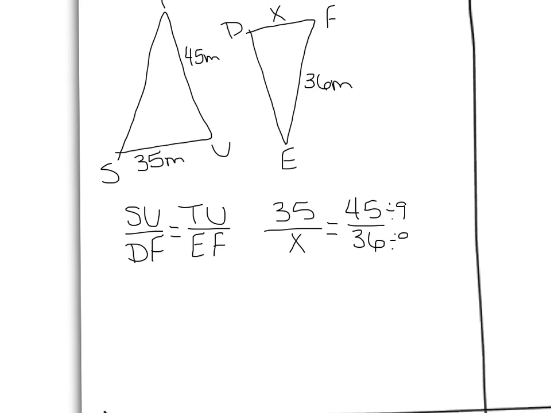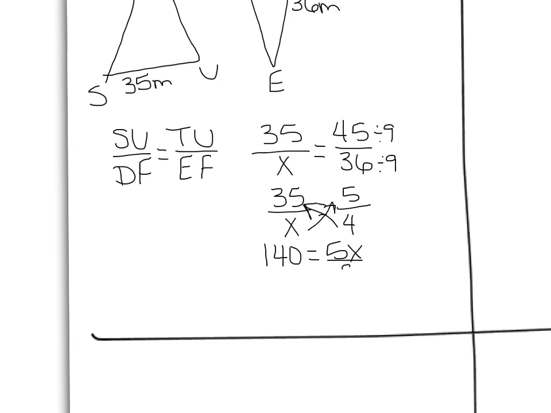So I'm going to rewrite my proportion, but simplify the ratio on the right-hand side. 45 divided by 9 gives me 5. 36 divided by 9 gives me 4. Now I can take 35 times 4, which gives me 140. X times 5 gives me 5x. And if I want to solve for x, I'm going to divide both sides by 5. So x equals 28 meters, complete with a unit.